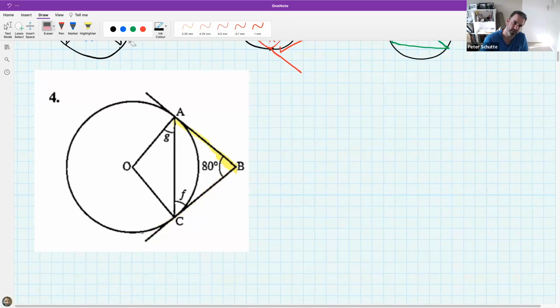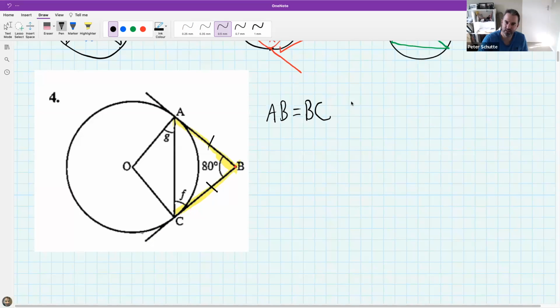Let me actually get rid of this. And what we would say here is that these are tangents from a common point. That common point is B, and there's a theorem that deals with this, and it says that AB is equal to BC.